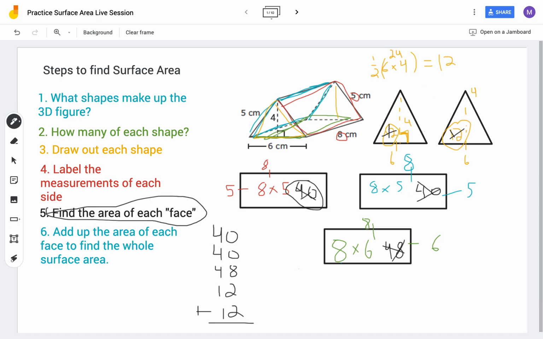So when we add up 40 plus 40, I see some people are getting their answers in. I know 40 plus 40 is 80.